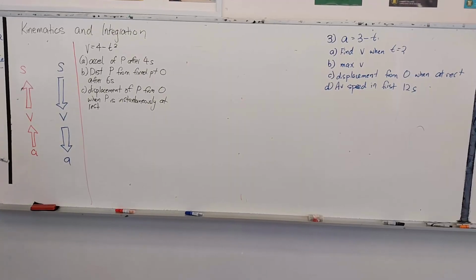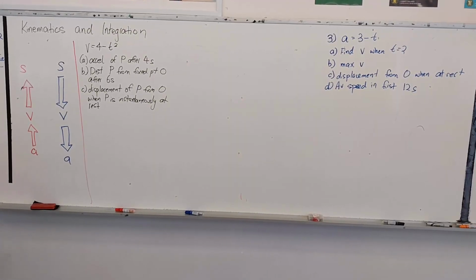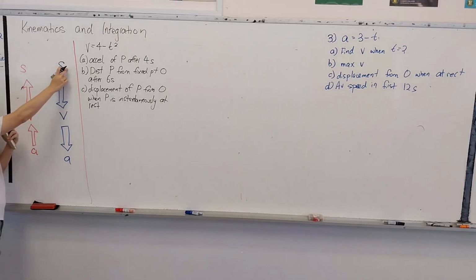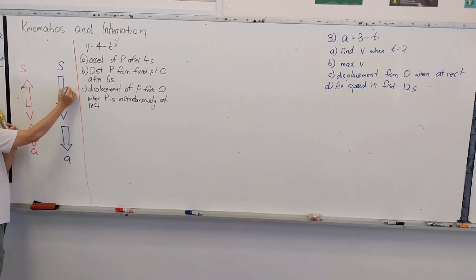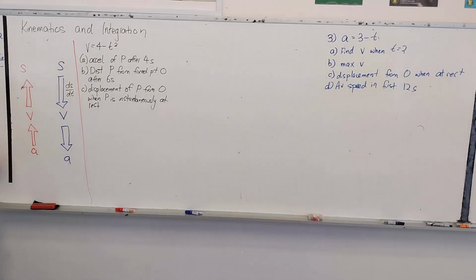Okay, so this is the second part of the kinematic topic. We are going to use integration and differentiation. So let's quickly recap. Given the displacement, how do I find a velocity? Velocity is the change in distance over change in time. So I'll have to do ds/dt, you've done your homework, you should know this.